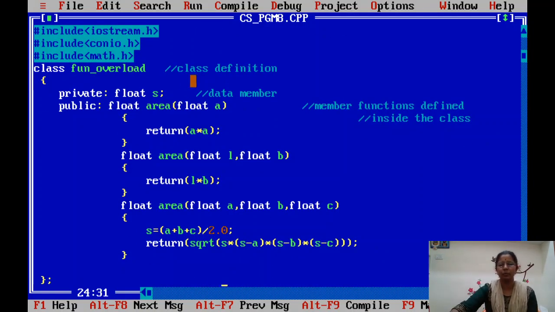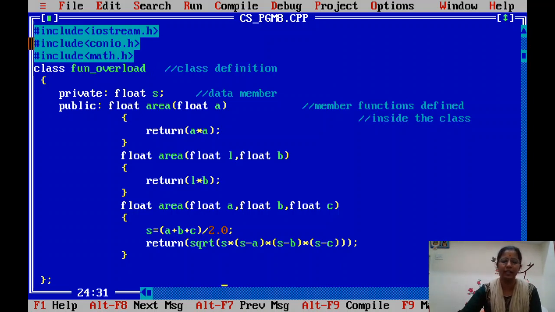So what are we finding in this program? The area. The function name is also area and the class name is also area. That is possible, but that is the next chapter, constructors. Here we are using the concept called function overloading.